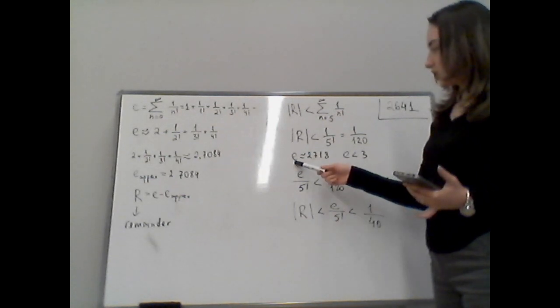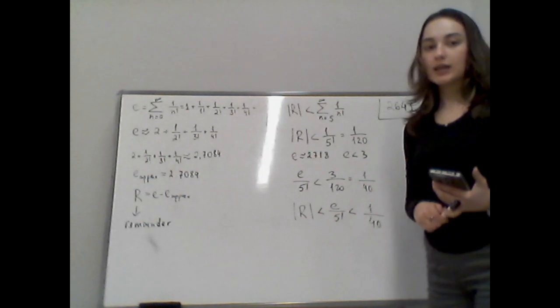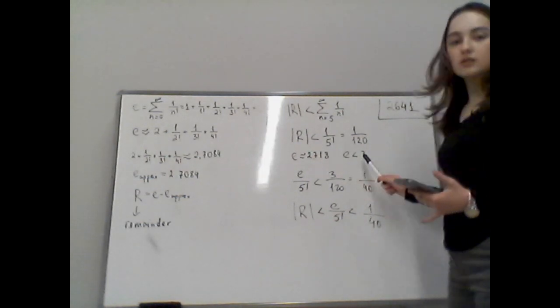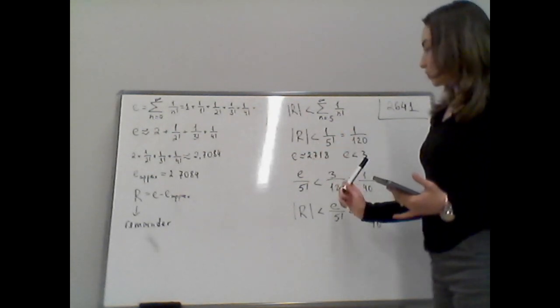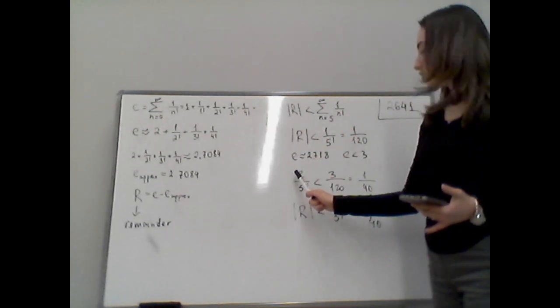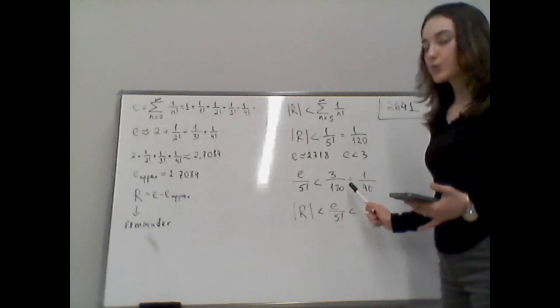And then, as we know, E is approximately equal to 2.718, which is less than 3. After knowing all this, we can calculate that E over 5 factorial is less than 3 over 120.